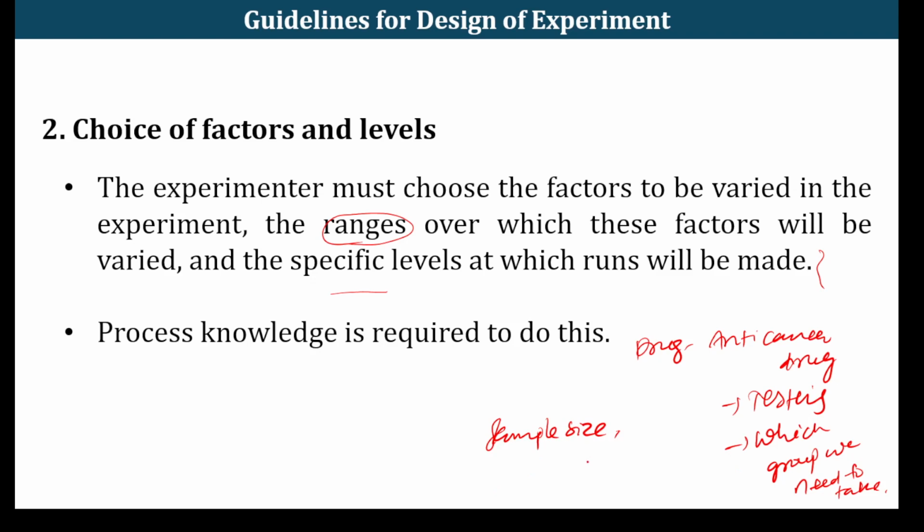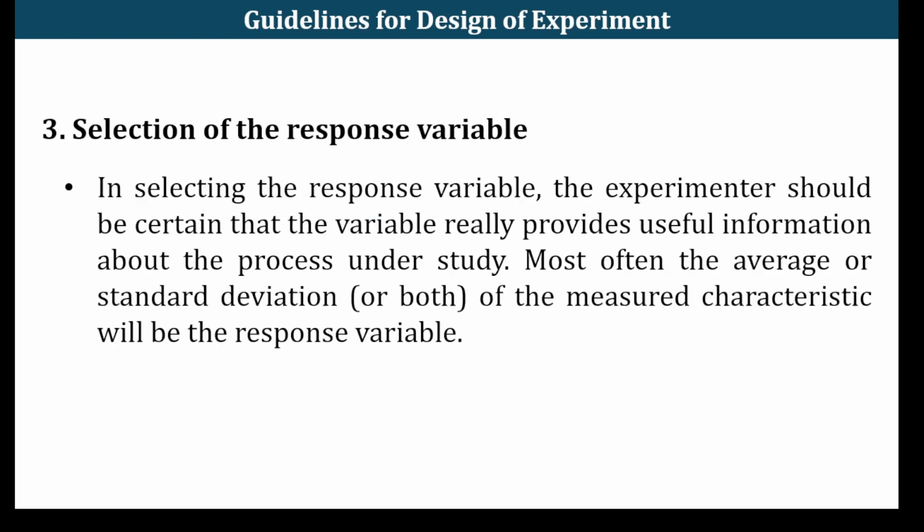So there are some things that we have to know. It's like process knowledge is required to do this. We have to be very clear about the whole process. Then selection of the response variable. So this is our output.